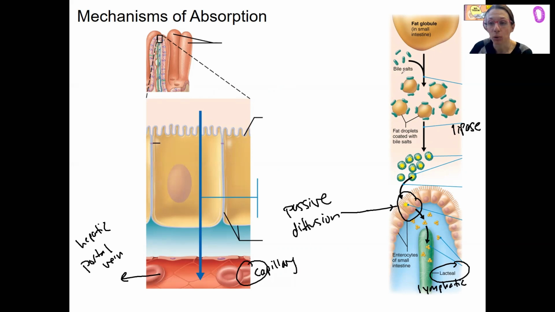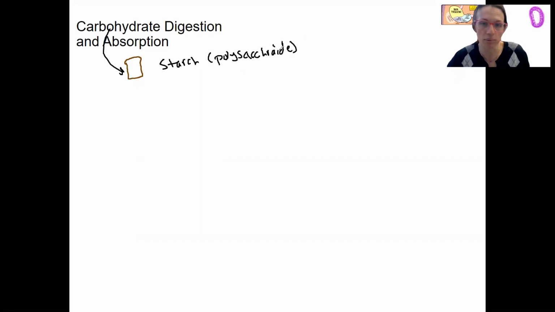So I'm going to go through proteins and carbohydrates and their mechanisms of absorption. You can tell this is a piece of toast, right? Toast contains starch. Starch is a polysaccharide. The same process would apply if you ate other polysaccharides and could possibly spell them. I can't spell this right now. Saccharide.